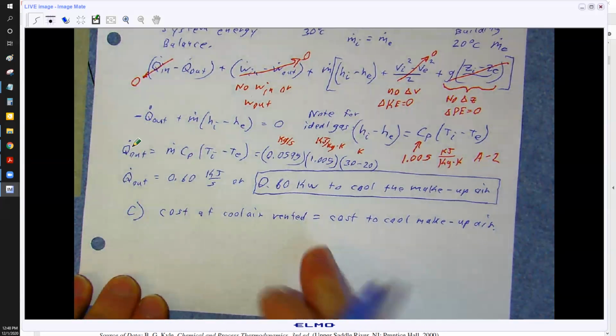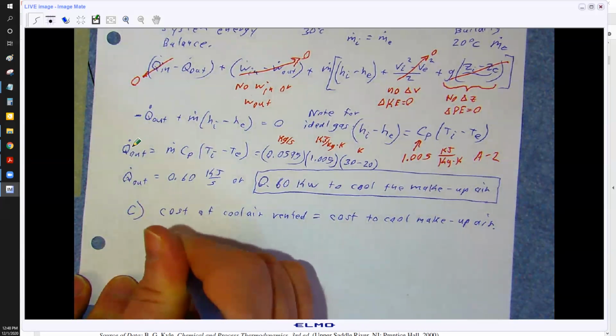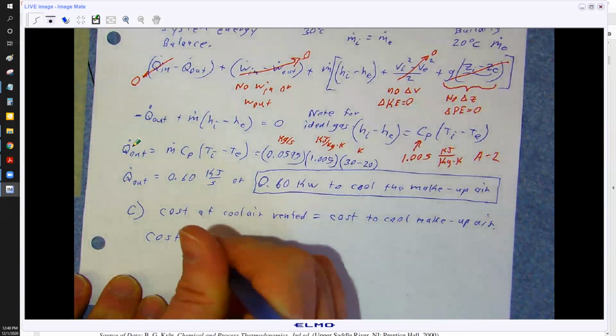All right, so the cost is just going to be, we've got 0.60 kilowatts.